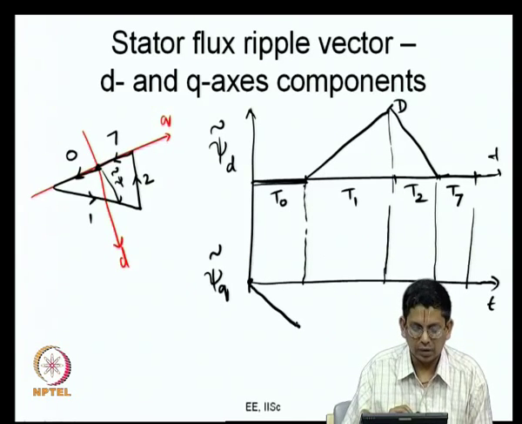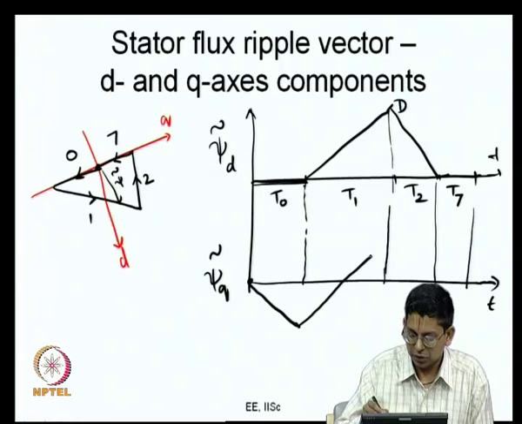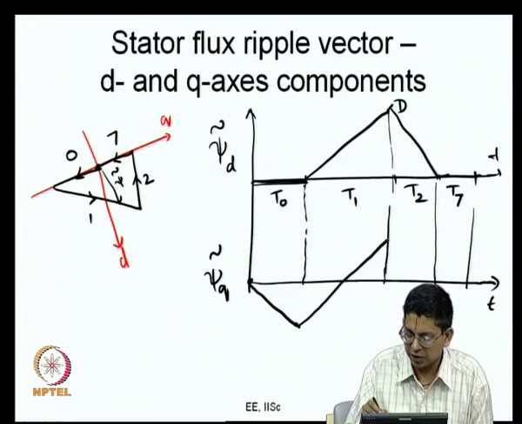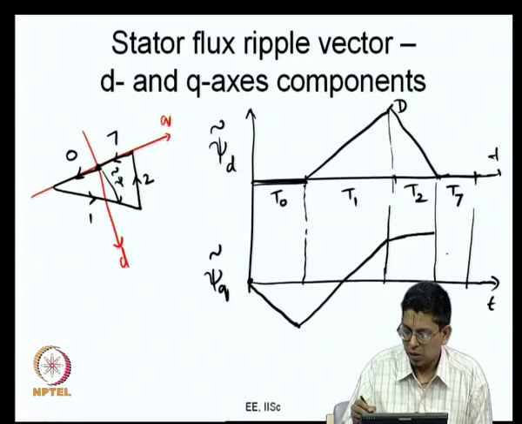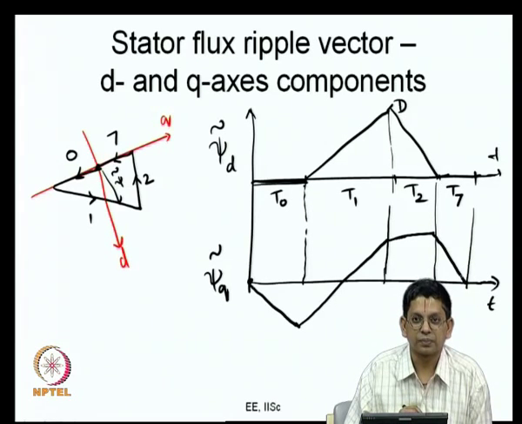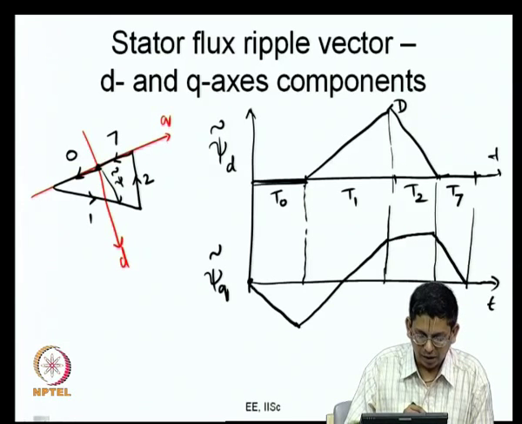Then when I apply active vector 1, then v q tilde is actually positive and it goes about increasing like this. Then when I apply active vector 2, v q tilde is a small positive value for the specific case we have considered, and it changes like this now. And subsequently when the other 0 vector is applied, that is the 0 state 7, this falls like this, it comes down to this now. So psi q tilde has a variation as shown here.